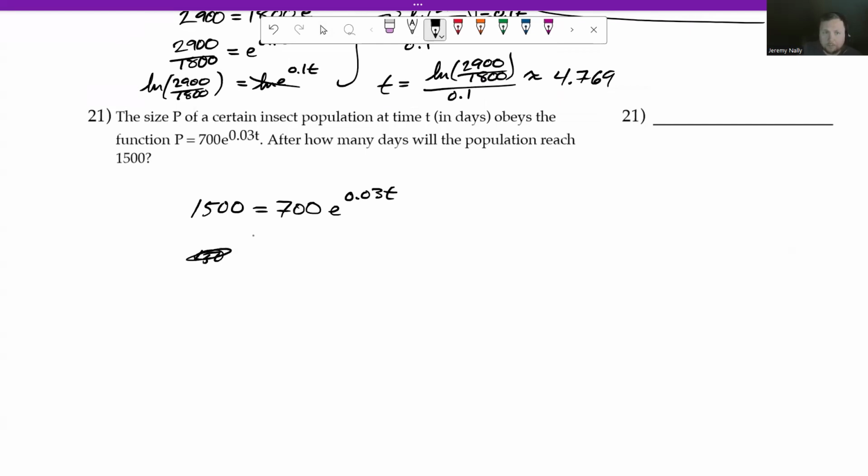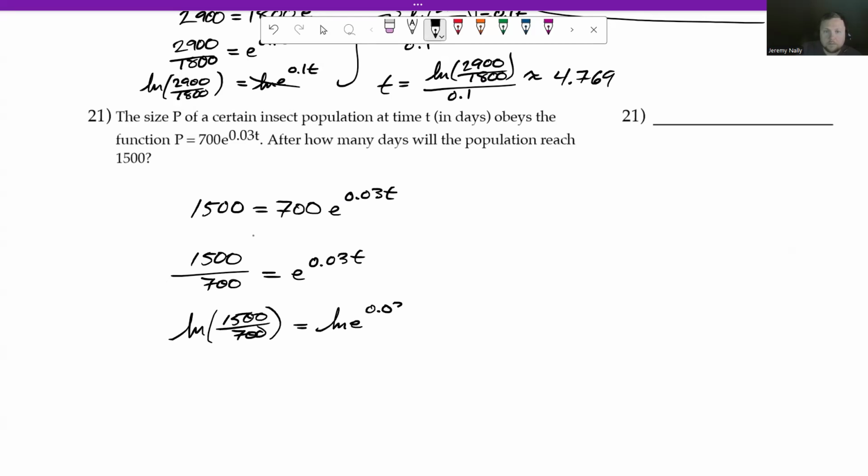So divide both sides by the 700. Those cancel out. Divide both sides by the 0.3.